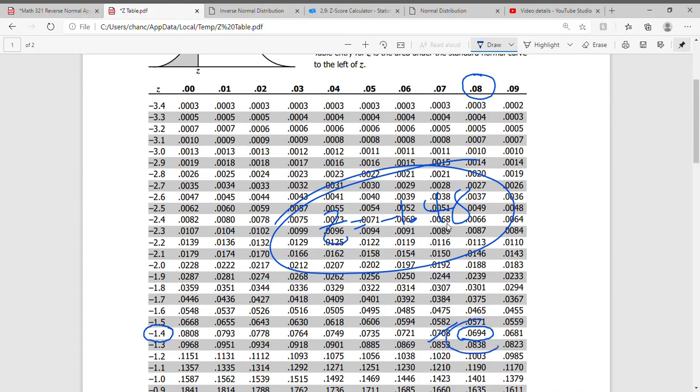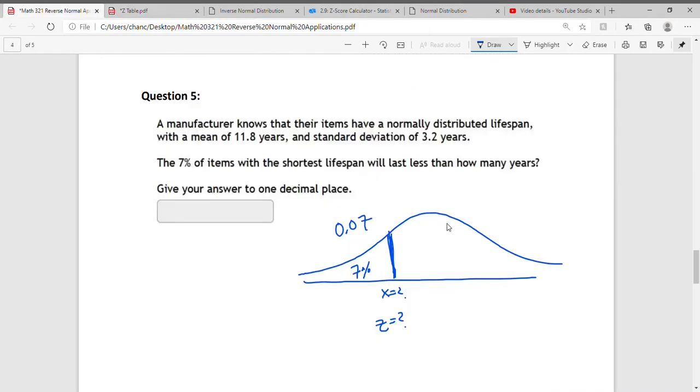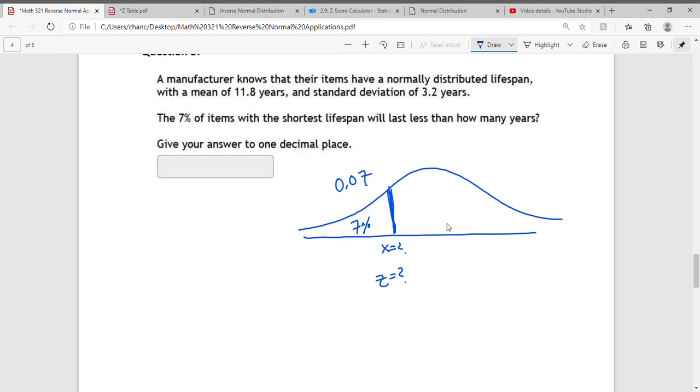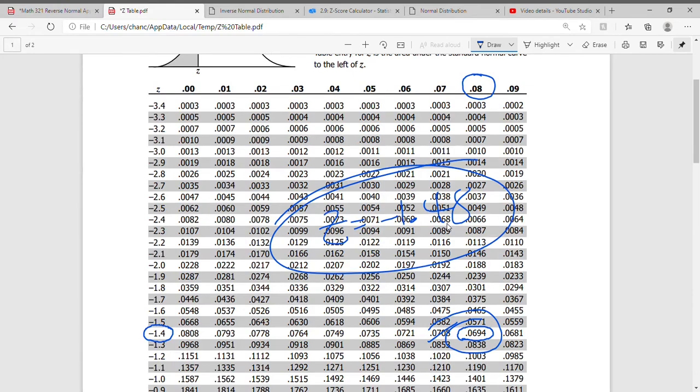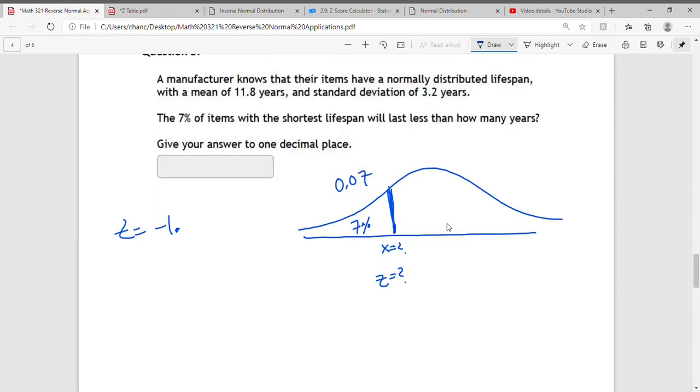That's the closest area to 0.07. So this z is equal to negative 1.48.